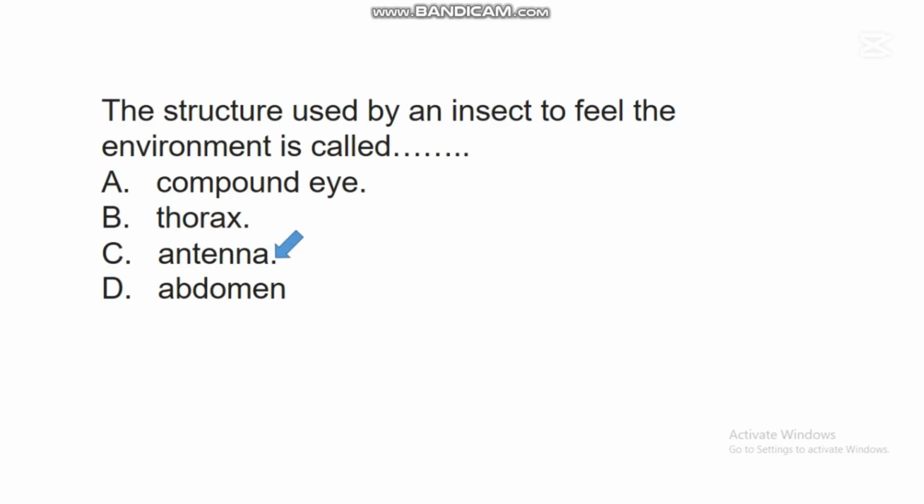This antenna contains some cells that are sensitive to chemicals, to changes in temperature and other things in the environment. So they use this antenna to detect different chemical substances. They use this antenna to remain sensitive in their environment.